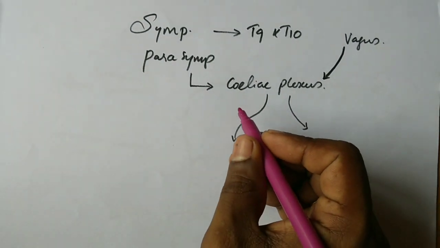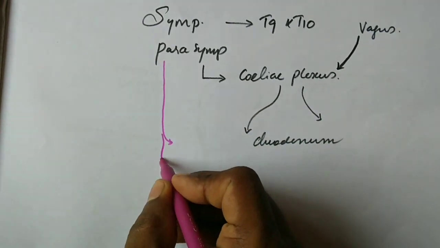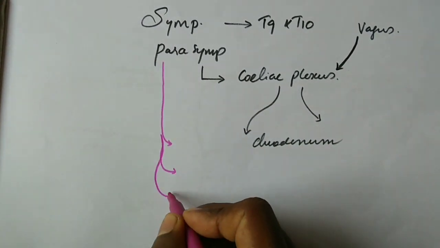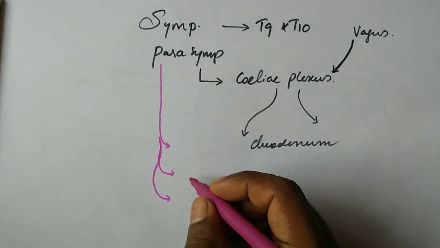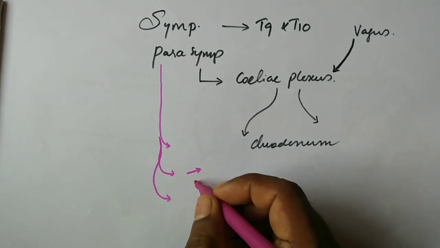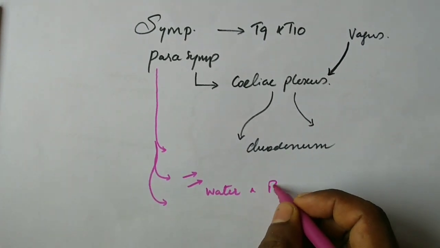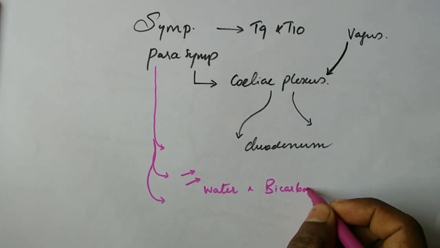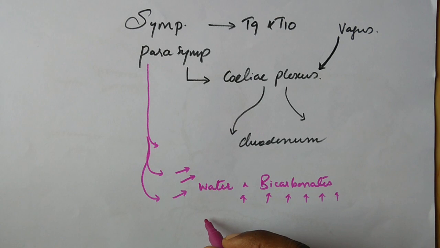These parasympathetic fibers will supply the glands of the duodenum, which will help to neutralize the acidic environment by increasing the secretion of water and bicarbonates. These parasympathetics also help in secretion of a hormone called cholecystokinin.